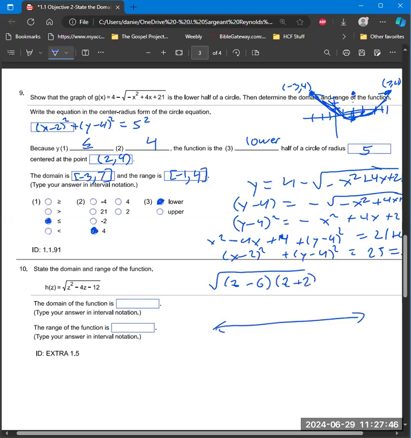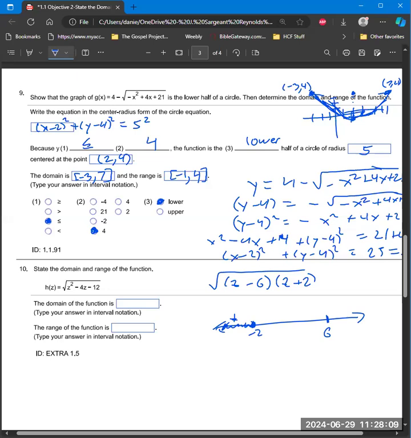So we have a 0 at -2. We have a 0 at +6. This is what I was thinking that I needed to do before. So if I stick in a number less than -2, I'm going to have a negative times a negative as a positive, and this is in the domain. Also 0 is in the range, so -2 is in the domain.